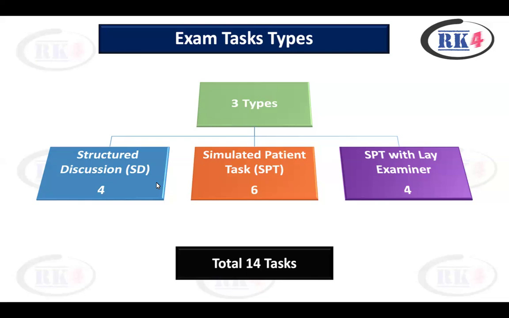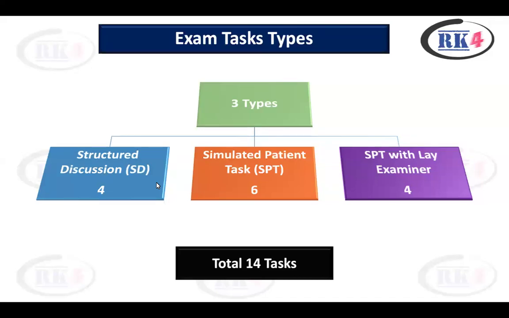The main thing in this exam, or the whole of the 14 tasks during Part 3, is what the examiners are looking for. They are seeking only one answer: Is this the doctor with whom I can trust my loved ones? Will I take my wife, my daughter, my mother, or my sister to this doctor?